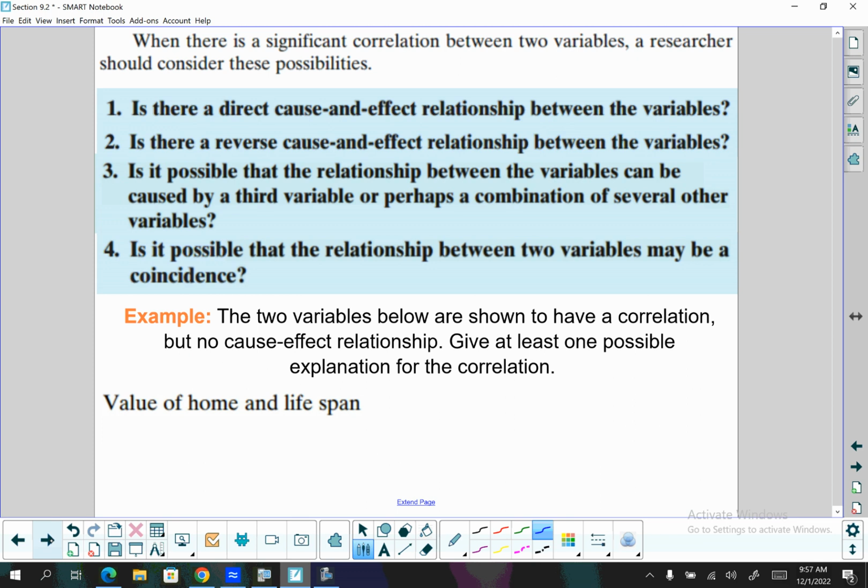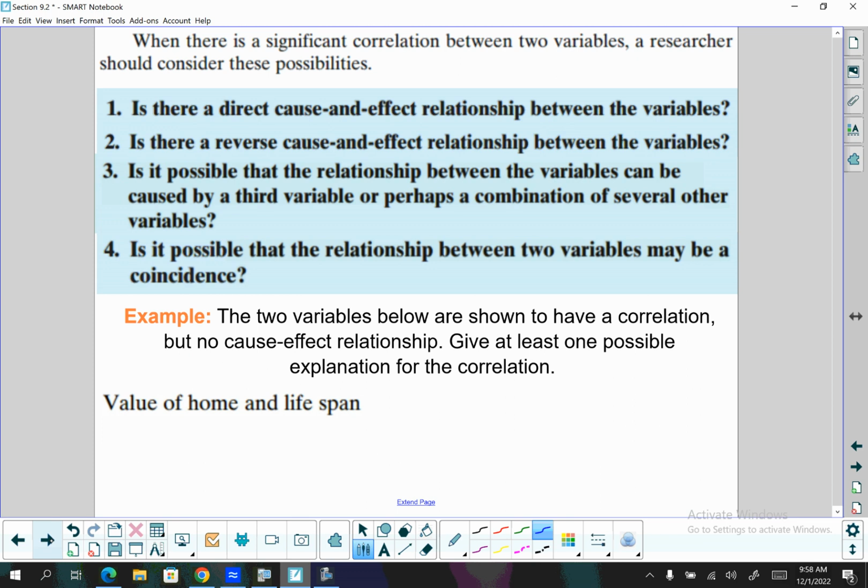Any ideas? A tornado. Okay, so if you live in Tornado Alley in Oklahoma, right? Then your value of a home might decrease because there was a tornado and your house is destroyed, and there was a bad tornado, so lifespan also decreased. It's a little morbid, but okay.